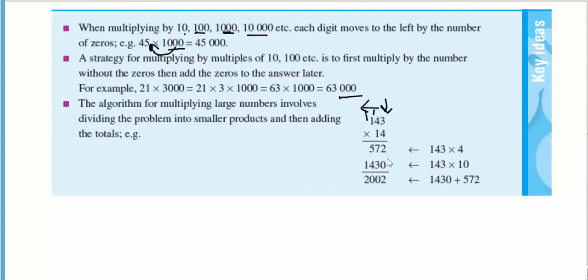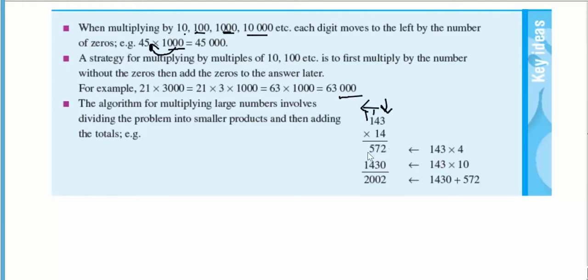Now when you start your next row, remember we're multiplying by tens. That's not just 1 times 143, it's 10 times 143. So the first thing you need to do is write a 0 to begin, and follow the same process. 1 times 3 is 3, 1 times 4 is 4, 1 times 1 is 1.